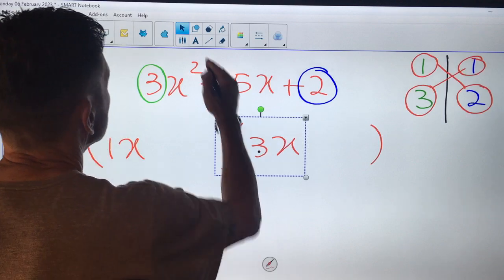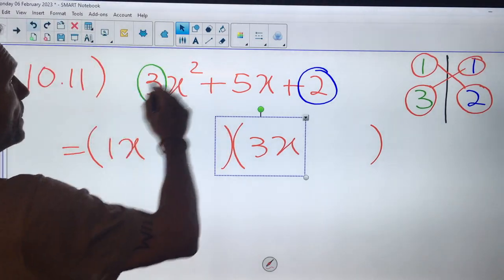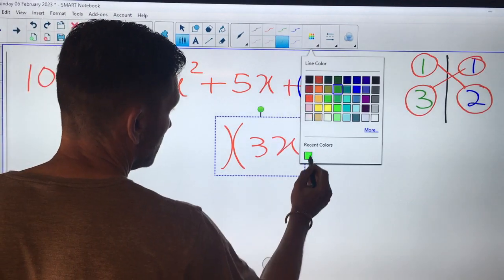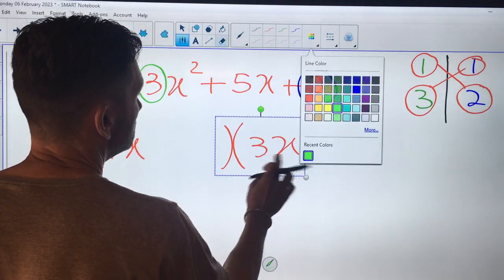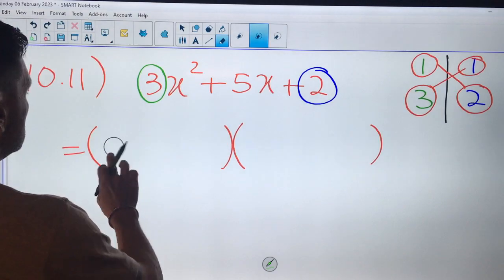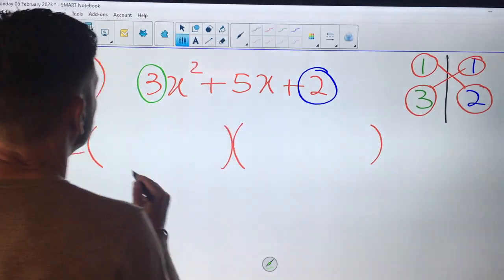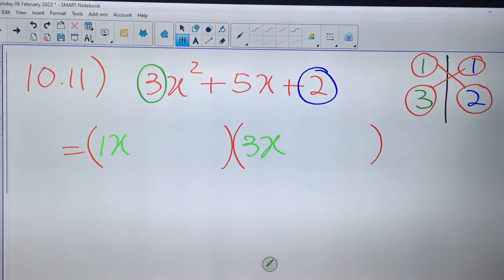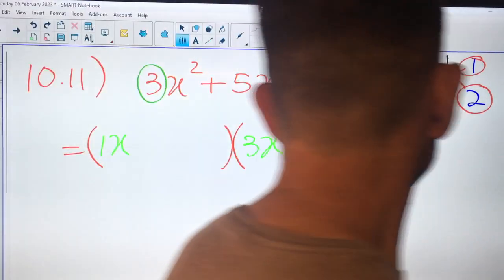Okay, that will not work. Let's do this. Let me just change the pen here. So this is 1x and this is 3x. Now here's the tricky part, to decide which is going to go into which bracket.